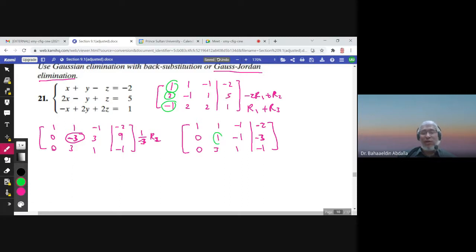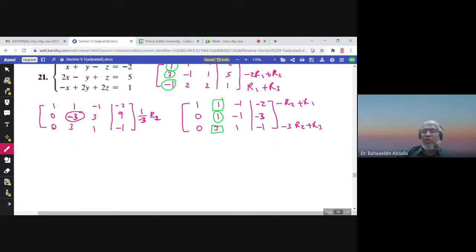This one, I will use it to make these two numbers zeros. How can I do that? This is a 3. So negative 3 times R2 plus R3. This is 1. So negative 1 times R2 plus R1.